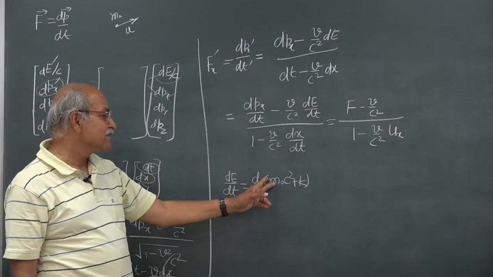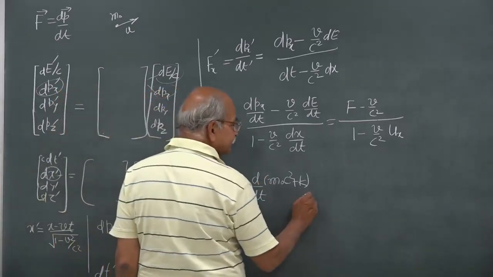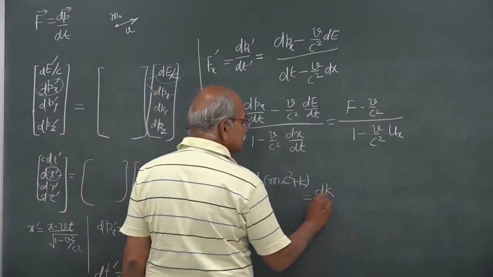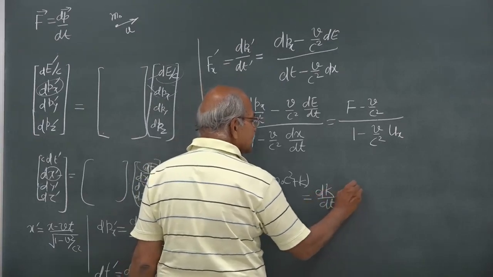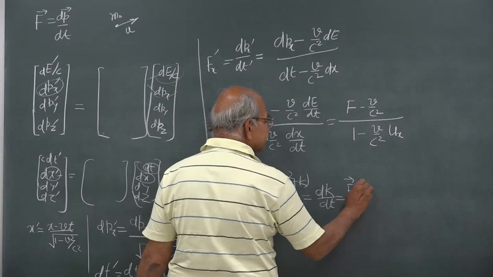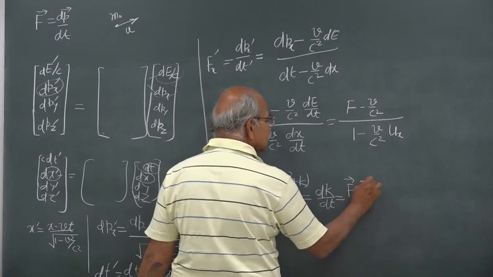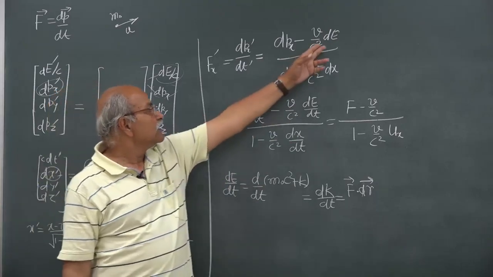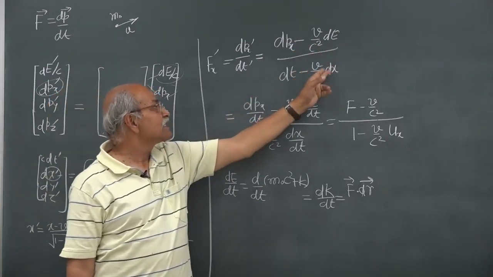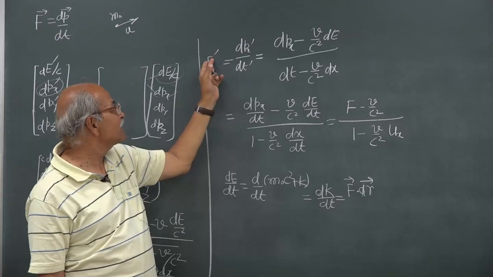The rest mass energy is constant, so this is dK by dt, and the change in kinetic energy is f dot dr. Remember, these are all S frame quantities and this is an S prime frame quantity.